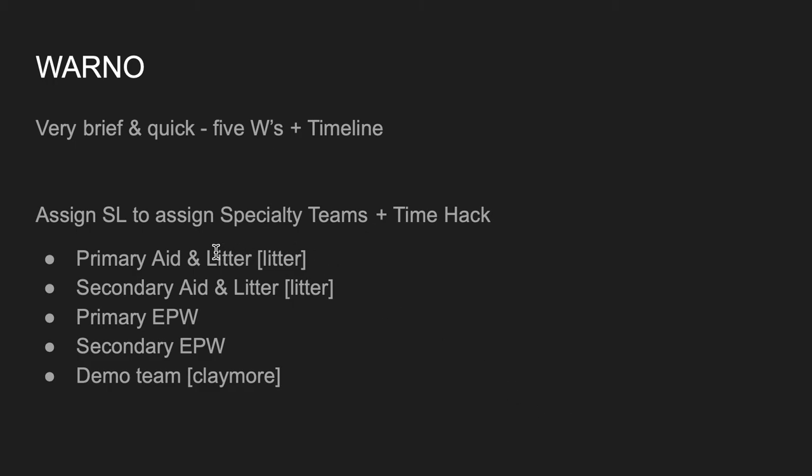So specialty teams: primary Aid and Litter, and EPW, they should be with Assault 1 because they're going to be on the objective 100% of the time. And the secondary Aid and Litter, secondary EPW should be at least Assault 2, so that if Assault 1 everybody gets killed, then Assault 2 can come in and do the specialty team tasks while the security squad is pulling security 360 all over the place.